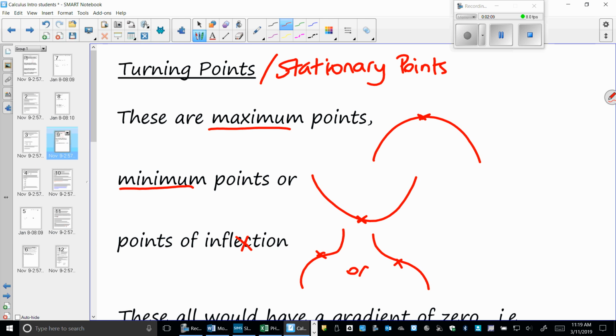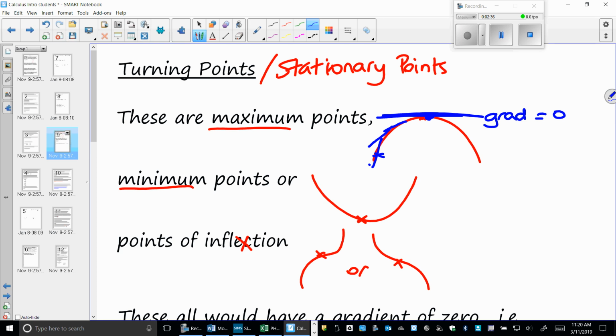Now, remember we were saying that the gradient changes as the graph changes. So if I were to look at the gradient here, it would be steep, positive, and then it gets less steep, less steep. What do you think is special about the gradient at this point here? It's horizontal. So it means that the gradient is what? 0. Awesome.